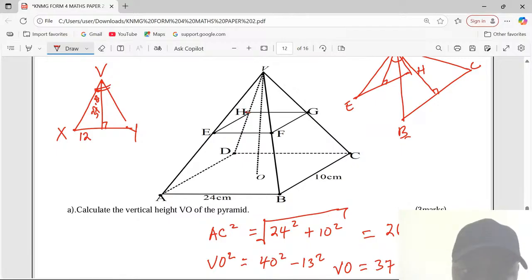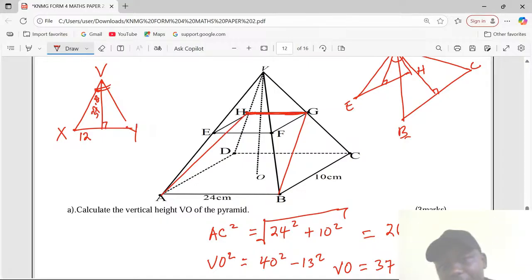We have a certain unseen plane. ABGH and the base. What's the angle between this plane and the base?